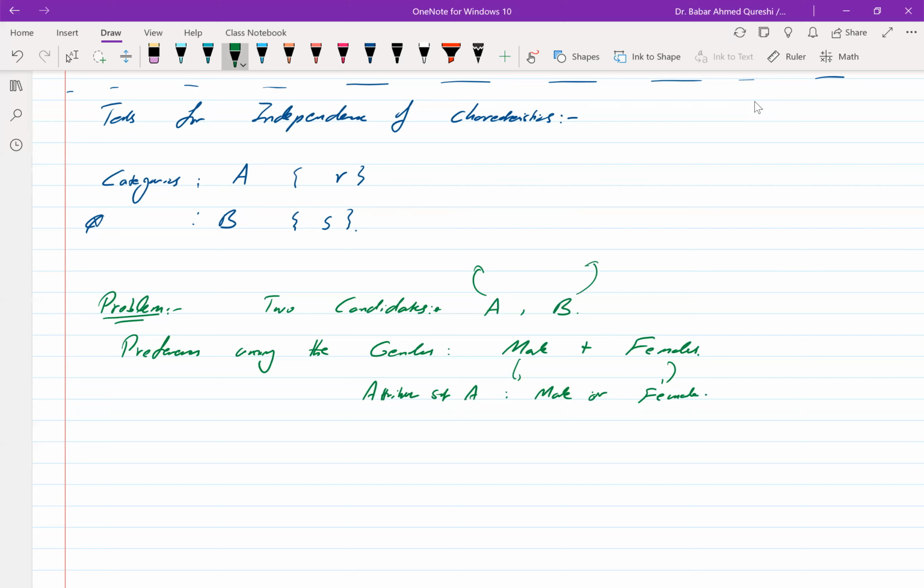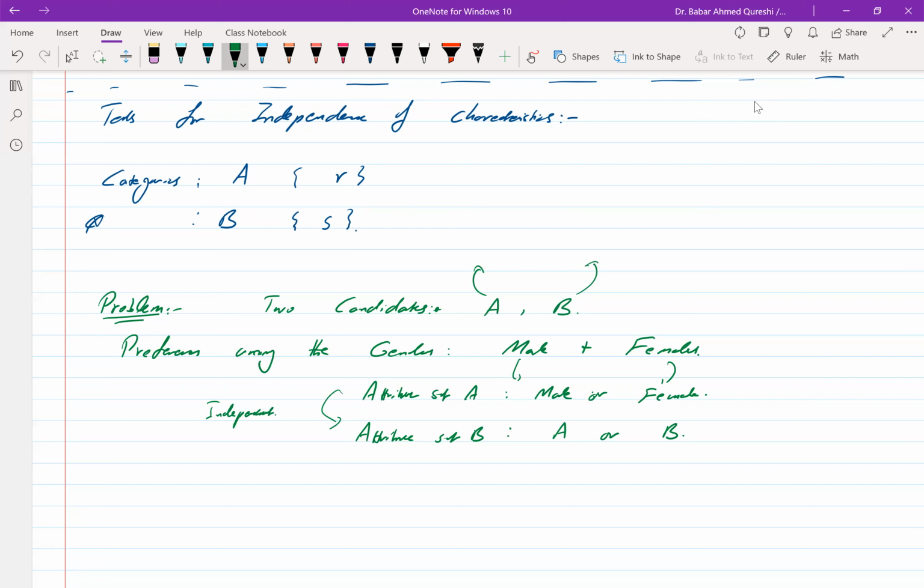So this attribute has two categories, male or female. While there's this other attribute which says, do they prefer candidate A or B? So we want to see if these two are independent.